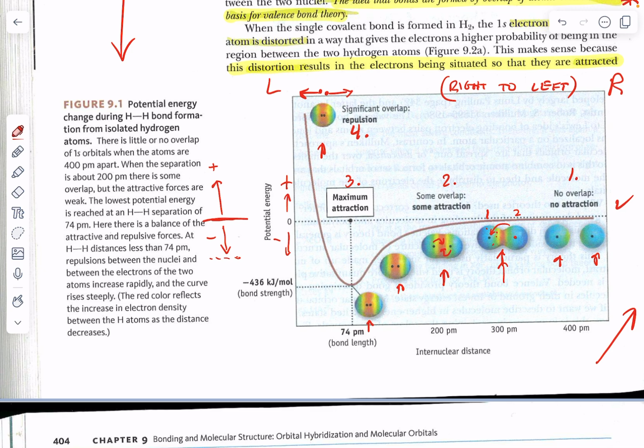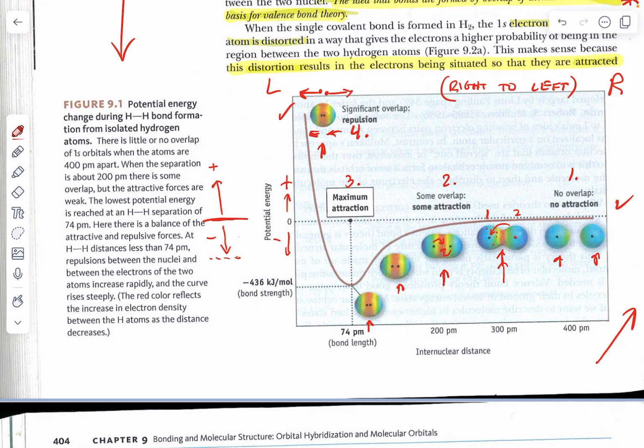Also, all the electrons begin to repel each other. They're too close together. And even though there's an attraction between the electrons and the protons, the electrons are so close together, the density of electrons is so great that they begin to repel each other. And all of a sudden we get to a position right up here that is very unstable.